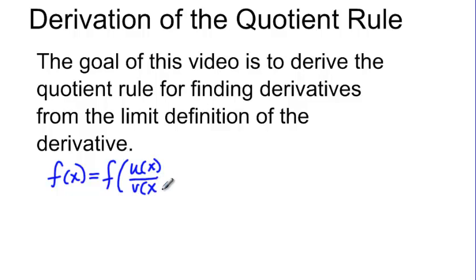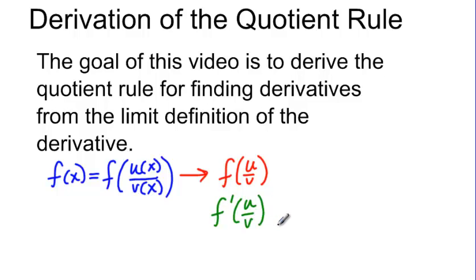Now, oftentimes when we abbreviate things, we leave out the function notation. So you'll often see this written as f equals u divided by v. And then the quotient rule is, and we have a nice little song for that, the quotient rule tells us that the derivative of f equals u divided by v is low d high minus high d low all over low squared.